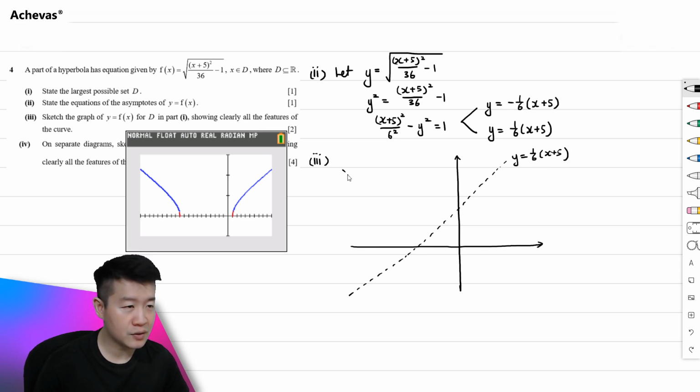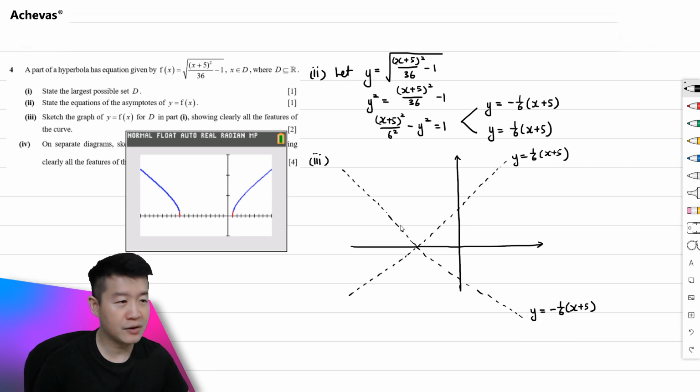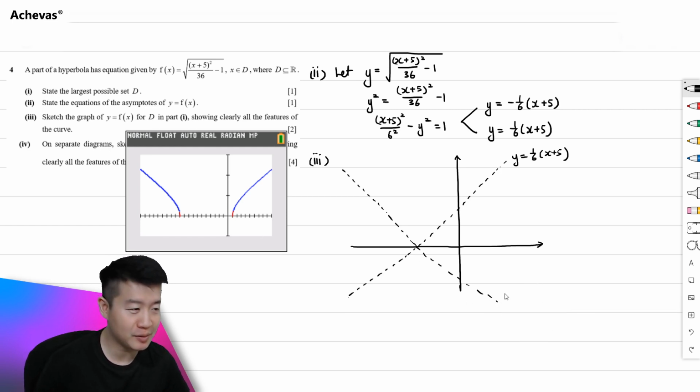The other one is basically a reflection of this. So we have the other equation as y is equal to minus 1 over 6 of (x plus 5). Actually, we don't even need this to be so long, since we are just looking at the part that is above.